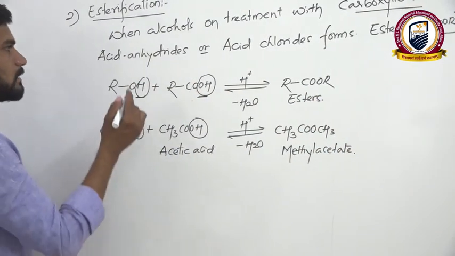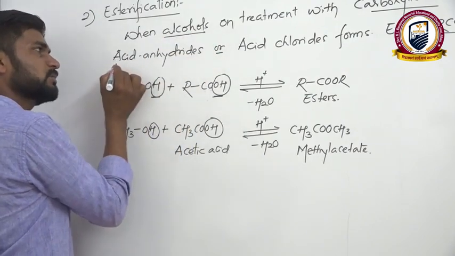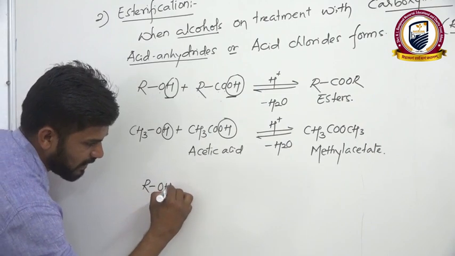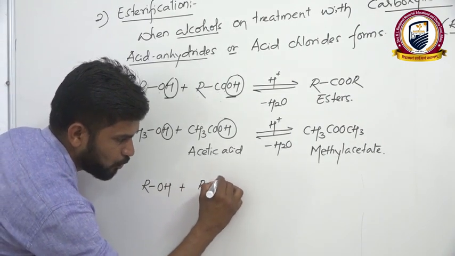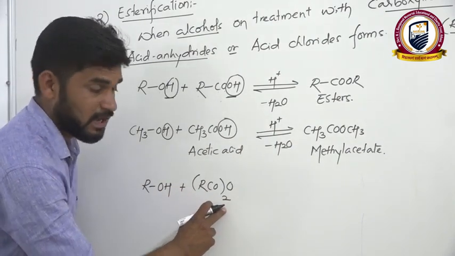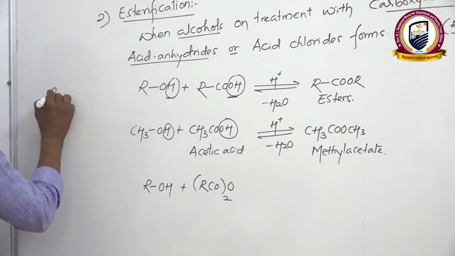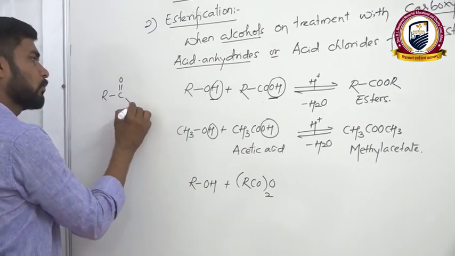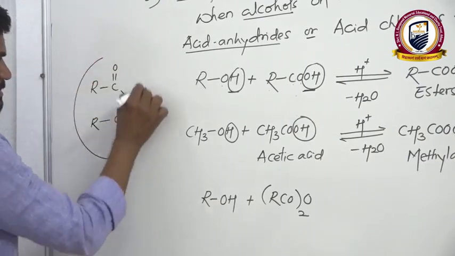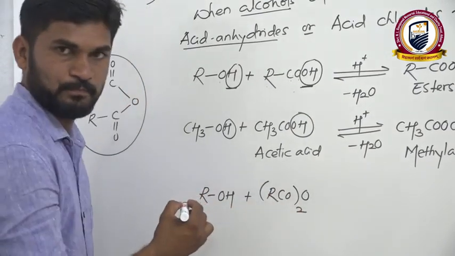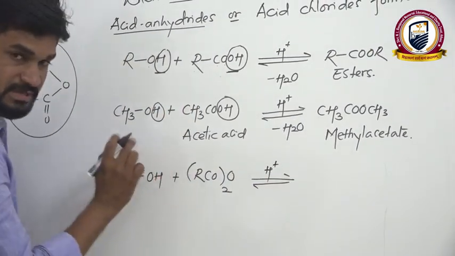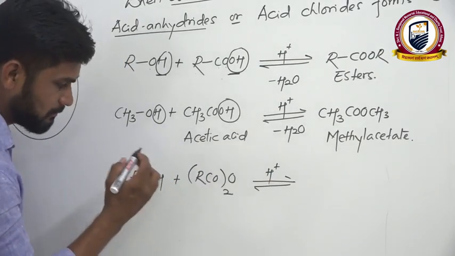Now another one is the reaction of alcohols with acid anhydrides. The general representation of acid anhydrides is (RCO)2O. This can also be written as RC double bond O, O, C double bond O, R. In the presence of acid as a catalyst, there is a formation of the corresponding ester.